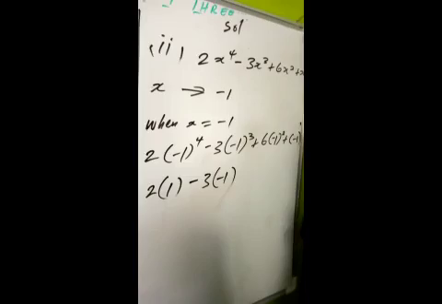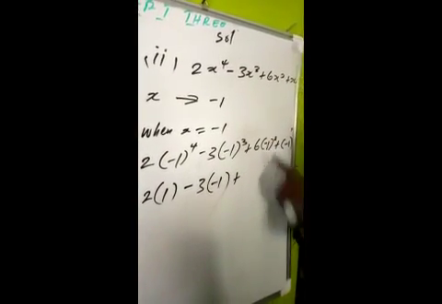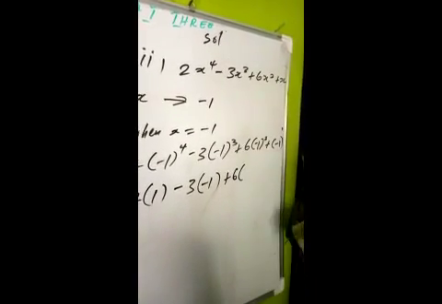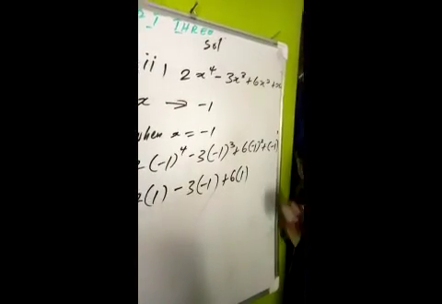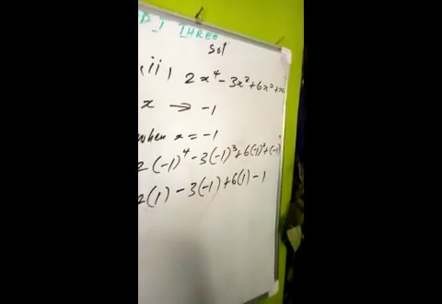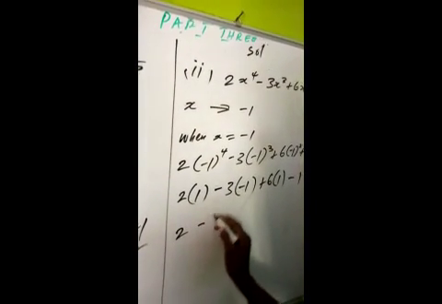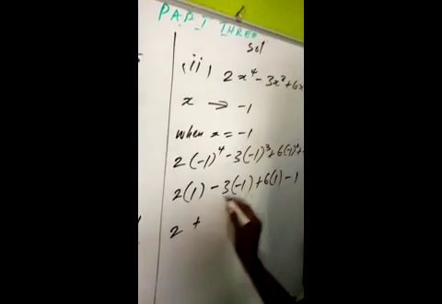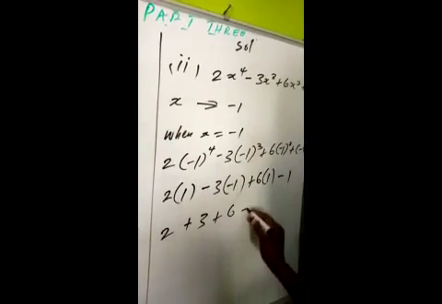Minus 1, not plus, minus 1. Then plus 6 bracket minus 1 raised to power 2 is what? 1. Then plus times minus is minus, we have minus 1. Then from this point we have 2 times 1 is 2, plus, because minus times minus is plus, 3 times 1 is 3, plus 6 times 1 is 6, minus 1.